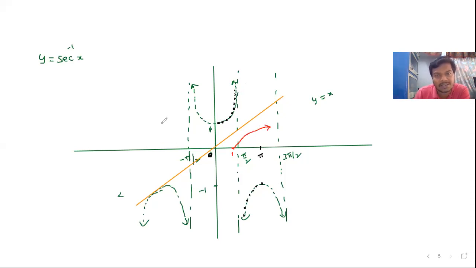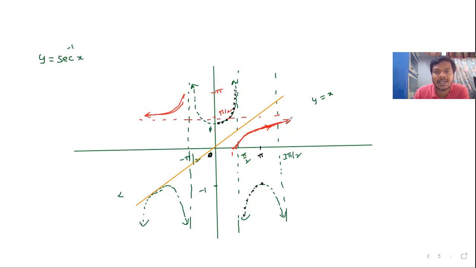Next, for this we get here pi by 2 gap. It extends like this. And here it is pi, right? It starts with pi. So this is the graph, and there is a gap at x equal to pi by 2, remember.